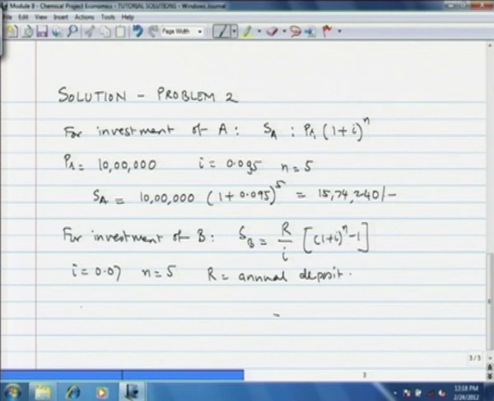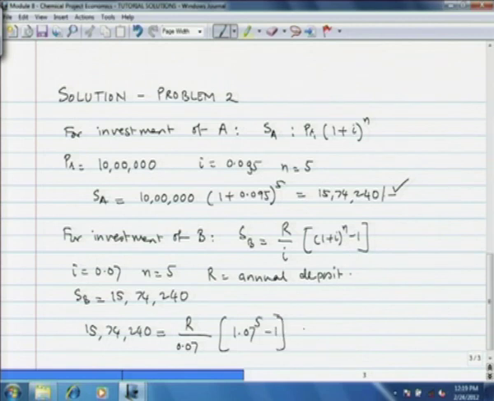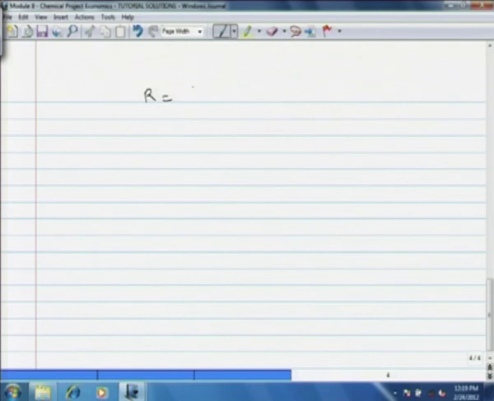The sum that should be accumulated in the account of B is known to us, because it should be the same as in case of A. And now we substitute values and solve for R. So, R turns out to be 2,73,745.